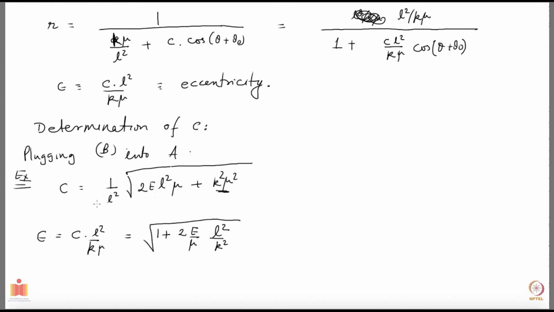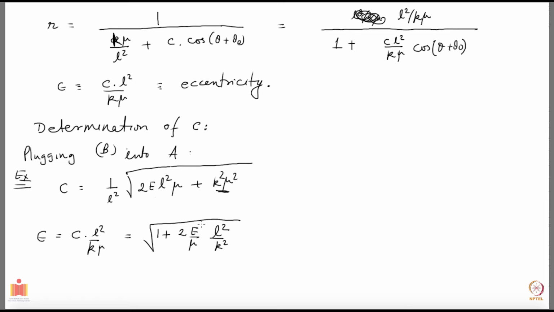Then you have 1 over L square, and there is an L square in the numerator, so that also gets cancelled. What you're left with is 1 plus 2E L square mu over K square mu square, which is just this. So that's what your epsilon is, that's the eccentricity. That's good.